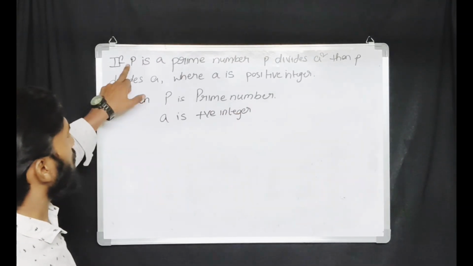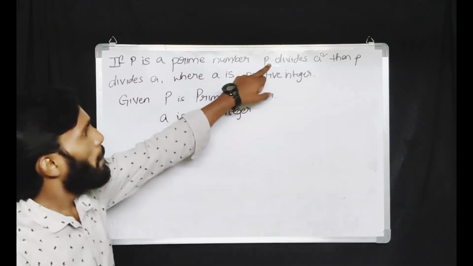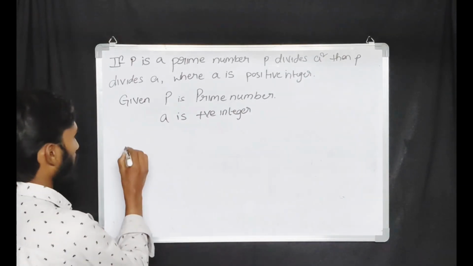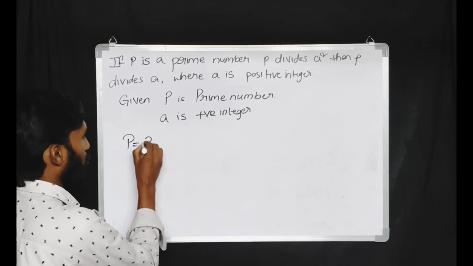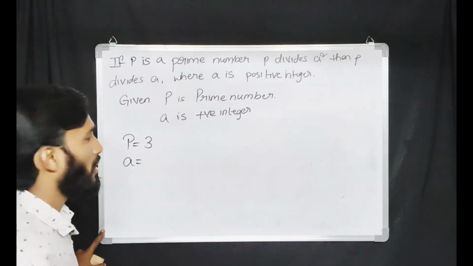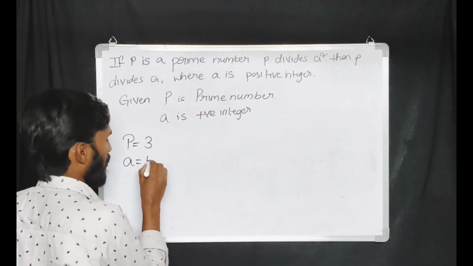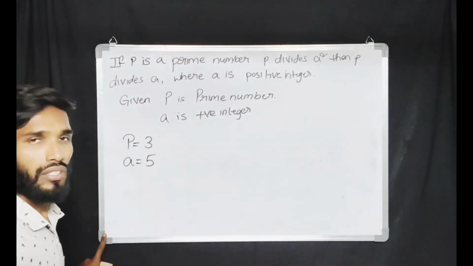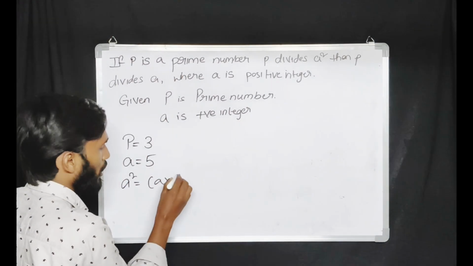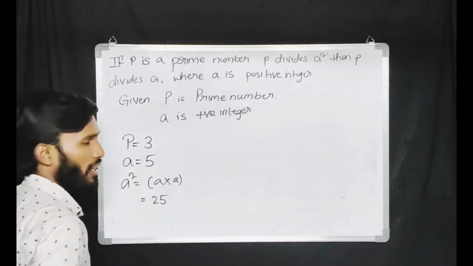Now, what they said: if P is a prime number, P divides A square. First, we have to take any prime number. P is equal to 3 and take any number A, any number of your wish. For example, 5. Now, what is A square? A into A is equal to 25.